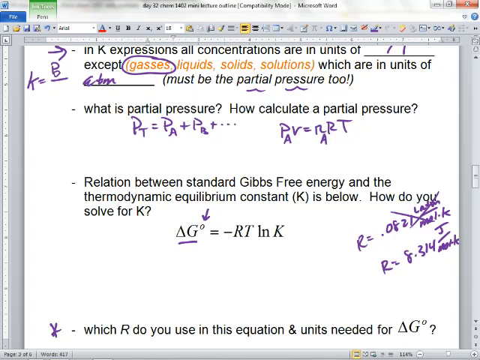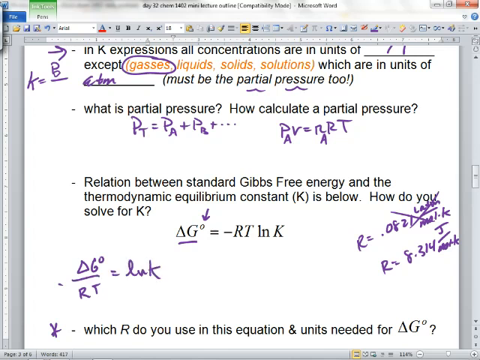What would you do first? I would leave the ln K part alone and worry about that later. Just move the R and the T over. Let's start with that. Delta G0, divide both sides by RT.